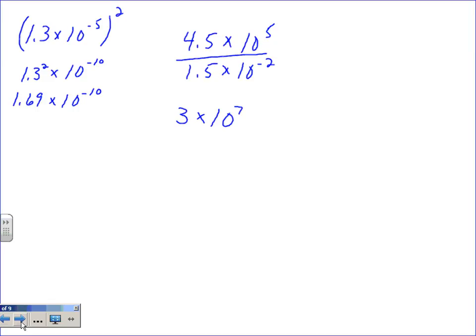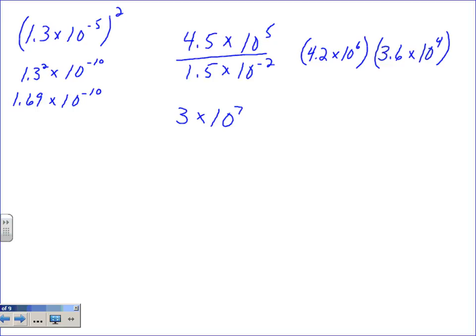Let's take two numbers in scientific notation. Let's take 4.2 times 10 to the 6th times 3.6 times 10 to the 4th. Okay? So let's take those two numbers.